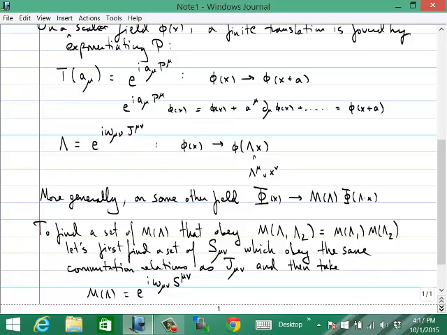In the spin 1/2 case, it's a two-dimensional Hilbert space, and the J's are given by the Pauli matrices. And a finite rotation would be then found by exponentiating one of those Pauli matrices. So, for example, a rotation around the z-axis is given by e to the i theta, some angle, times sigma 3, when you view that as acting on the Hilbert space of a spin 1/2 particle.